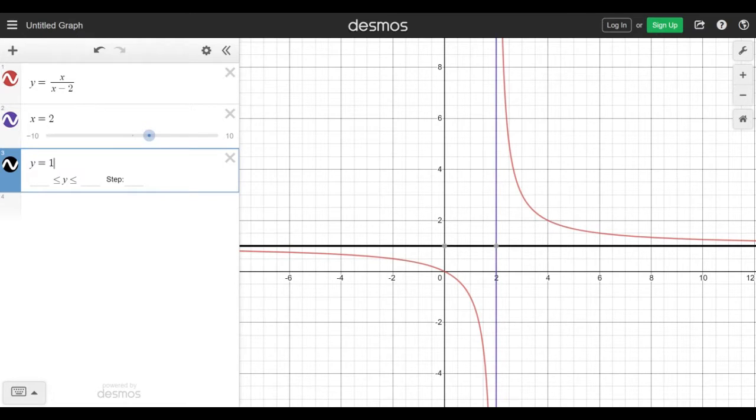So since we have a horizontal asymptote here, we don't have a slanted or oblique asymptote.